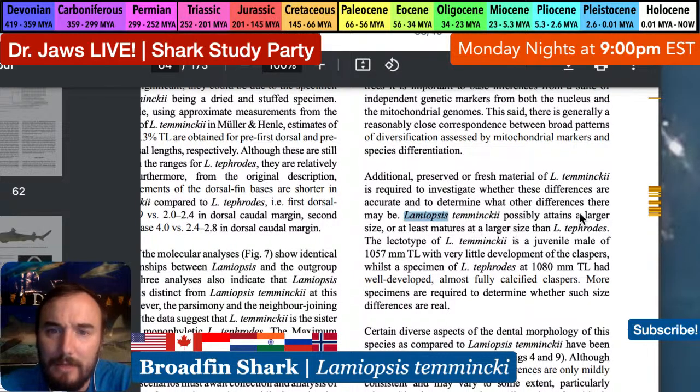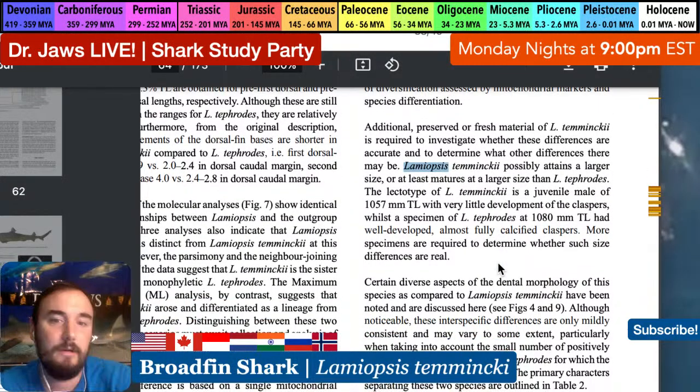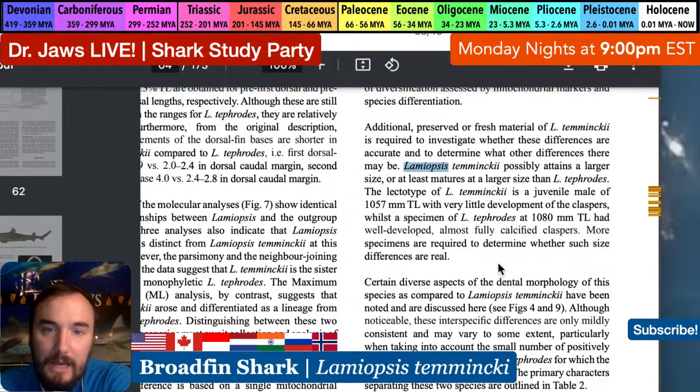The broadfin shark possibly attains a larger size, or at least matures at a larger size, than Lamopsis tephroides. The lectotype of the broadfin shark is a juvenile male with very little development of the claspers, whilst the specimen of Lamopsis tephroides had well-developed, almost fully calcified claspers at around the same size.